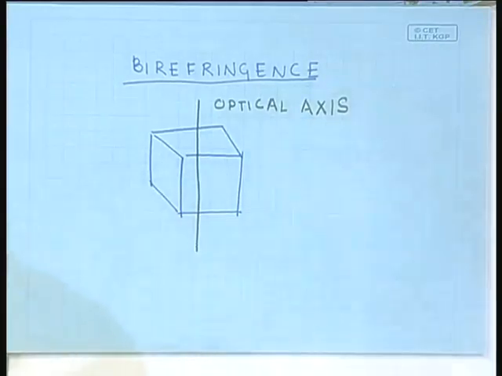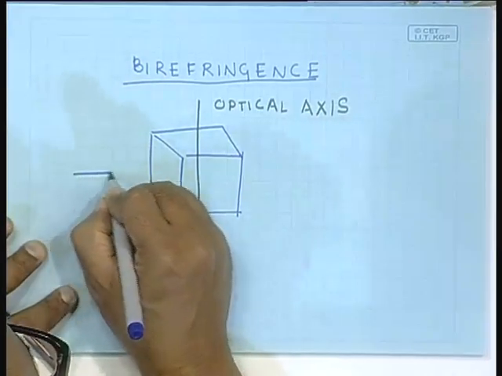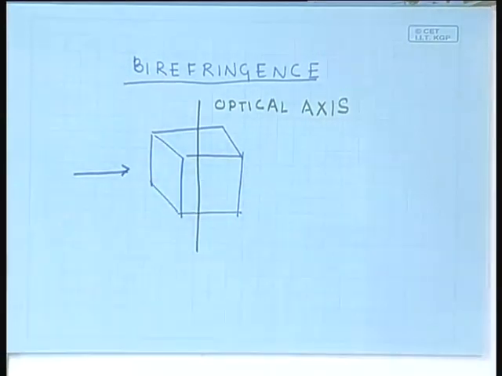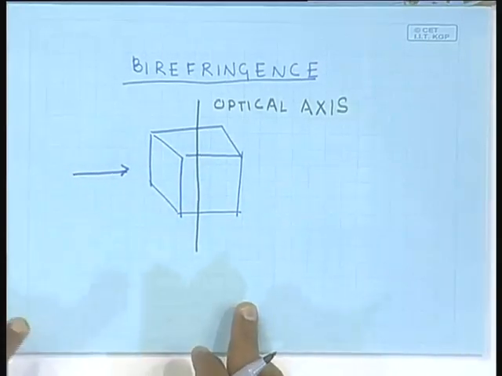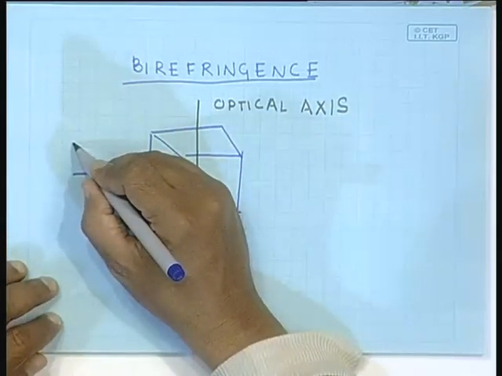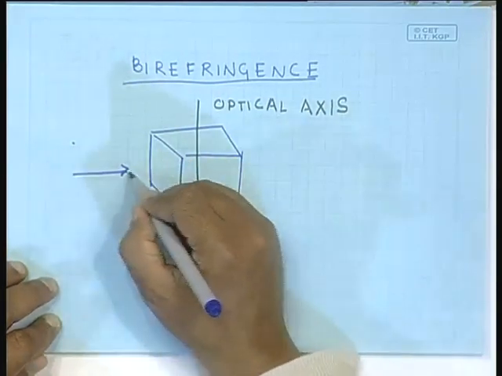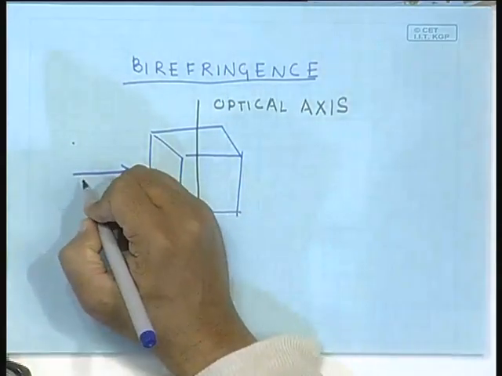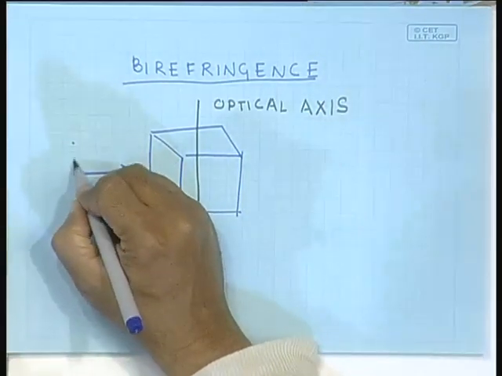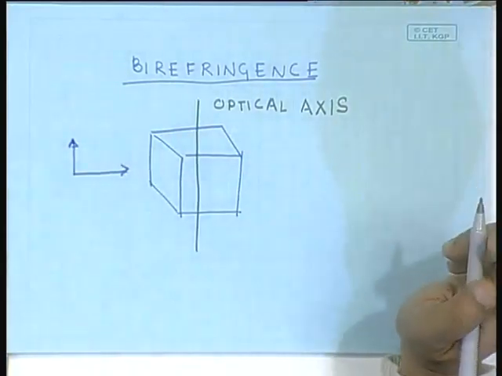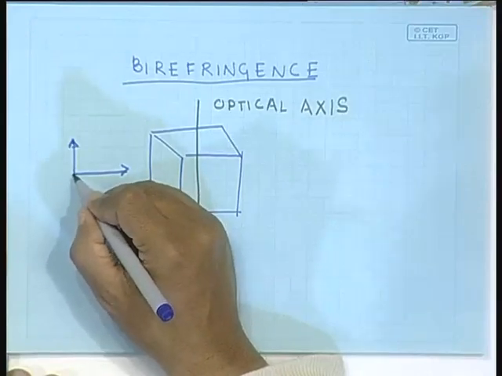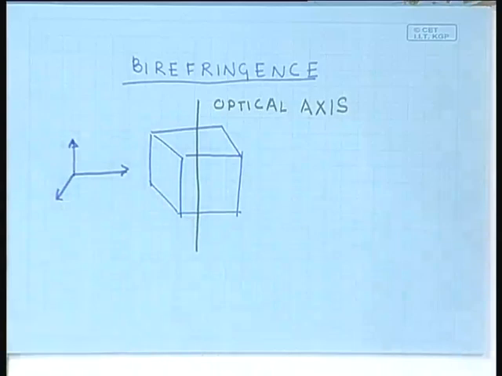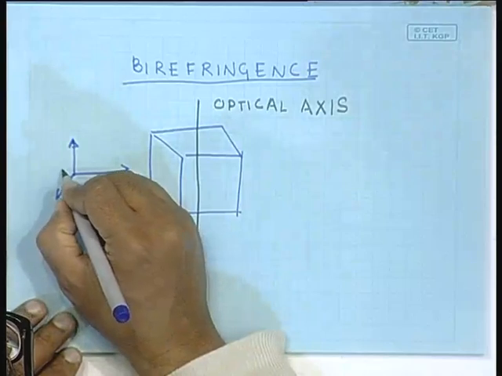So, we will consider light which is incident on this surface. The electric field of the incident light can oscillate in any direction in the plane perpendicular to the direction of propagation, and we will break up the electric field into two components, one which is parallel to the optic axis and one which is perpendicular to the optic axis, which we can also denote in this way.